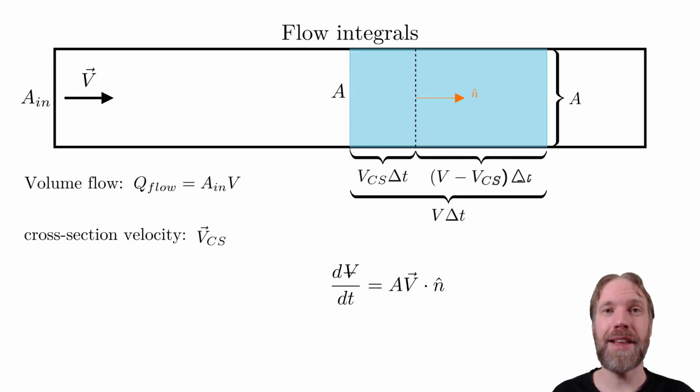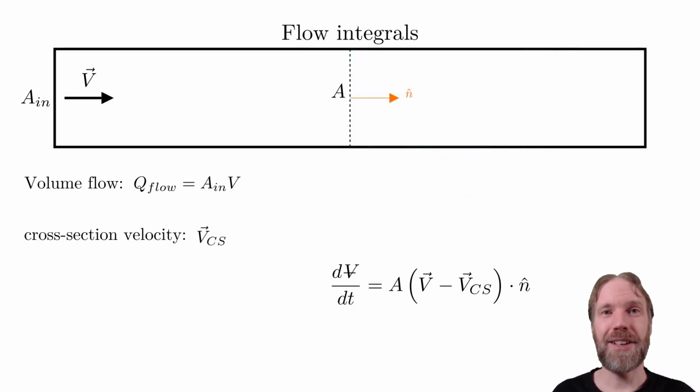This means that the length of the part that actually passed through the cross-section is v minus v CS times delta t. For moving cross-sections, we should therefore replace the velocity with this expression. Another way of looking at it is that we should use the relative velocity, which is the velocity in the reference frame of the moving cross-section.